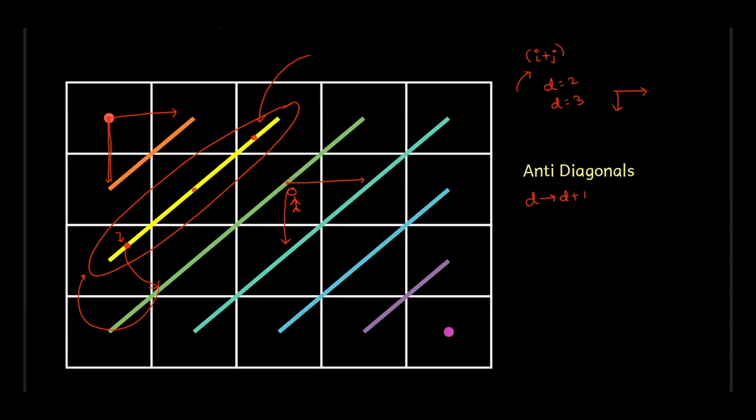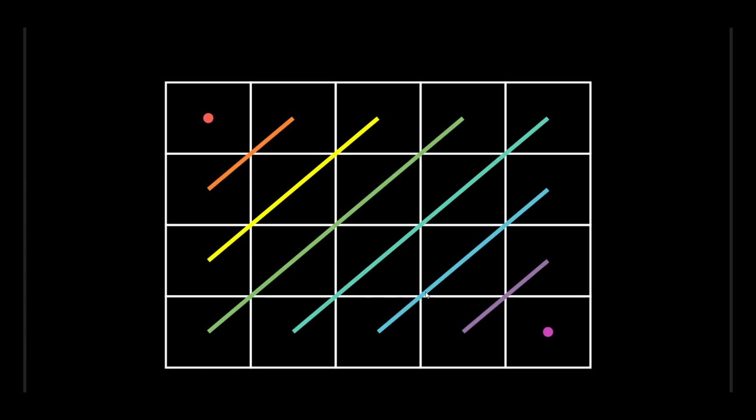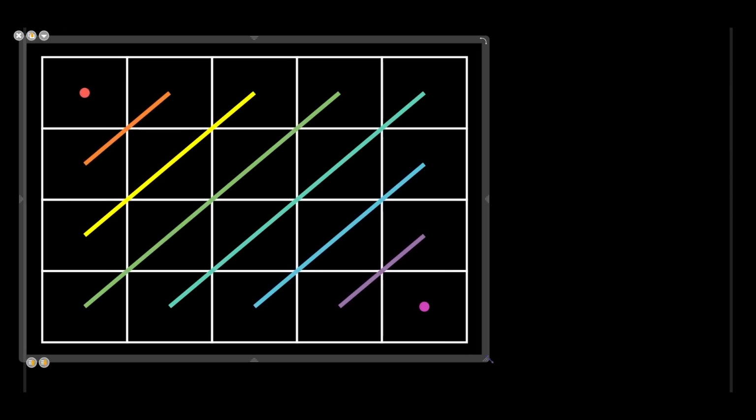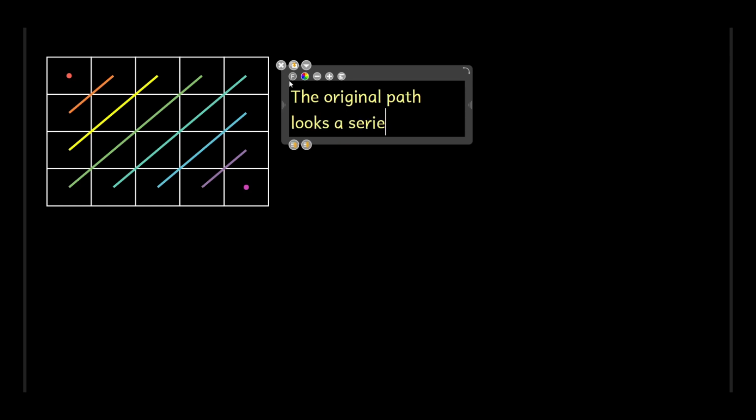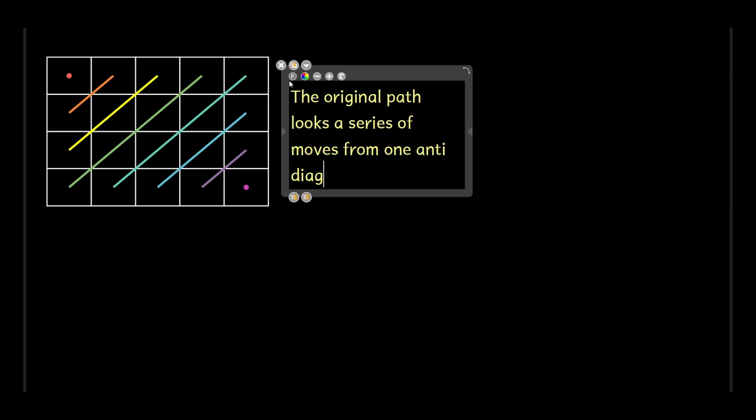So the conclusion that you can make is that the original path looks like a series of moves from one anti-diagonal to the next.